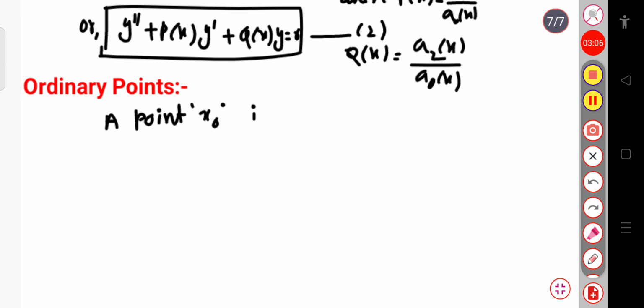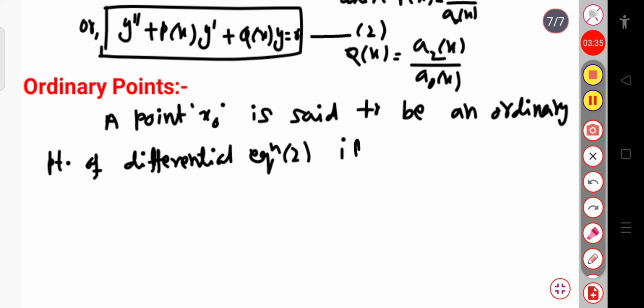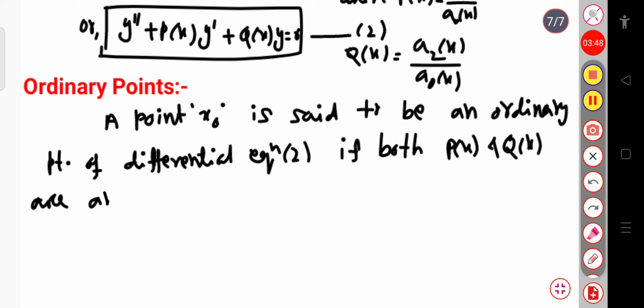A point x0 is said to be an ordinary point, or a regular point you may say, of the differential equation, suppose equation number 2, if both p(x) and q(x), the functions that we have written, are analytic at x0. I will tell you what analytic means.